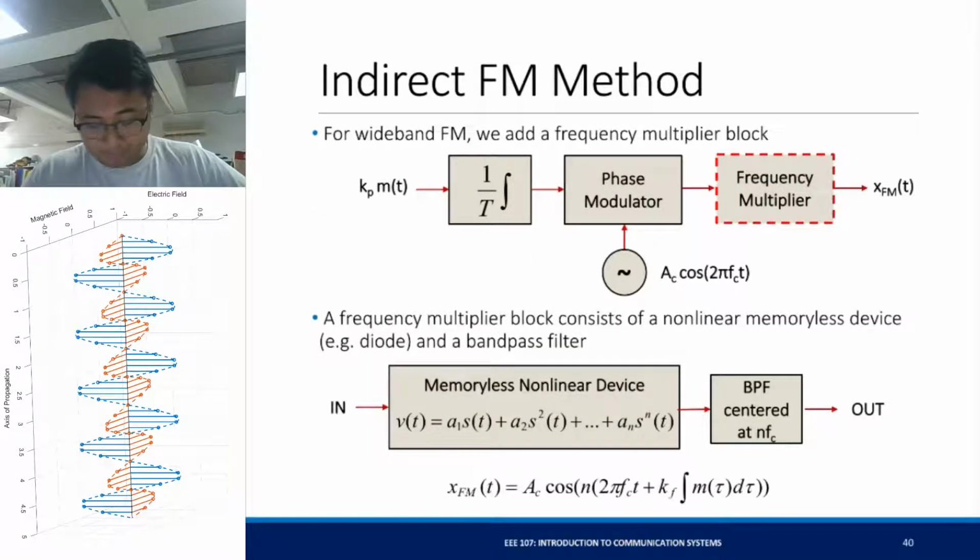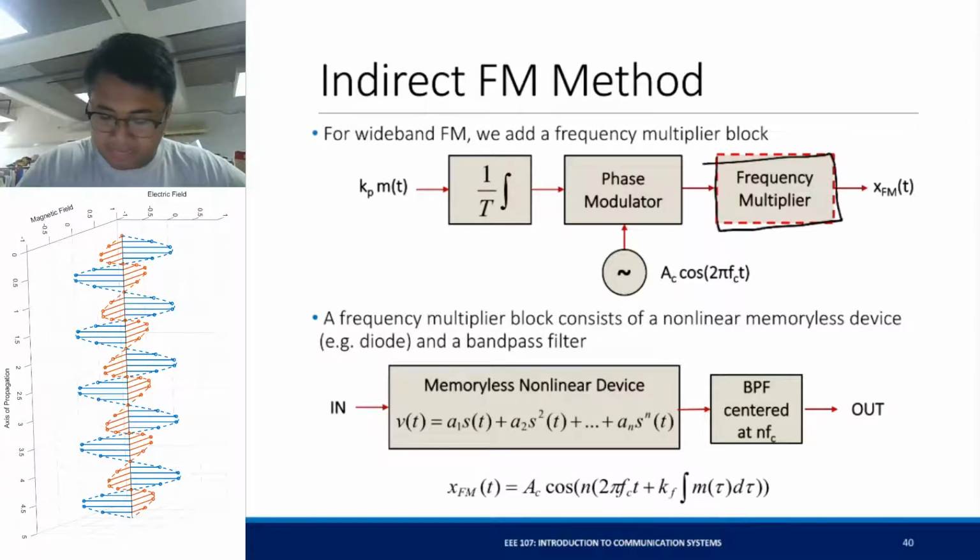Okay? If we want to have a wideband FM, we add a frequency multiplier block for that. Okay? The frequency multiplier consists of a nonlinear device, for example, a diode or a MOSFET or a BJT. And this will expand the spectrum of your output narrowband FM wave into a wideband FM wave.